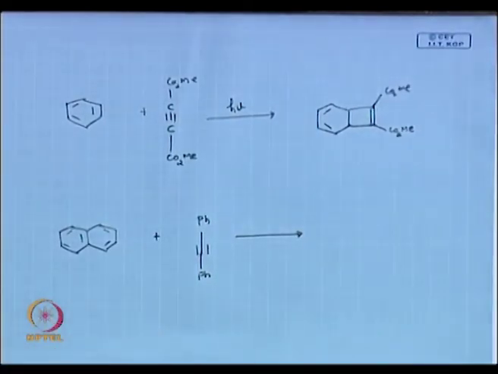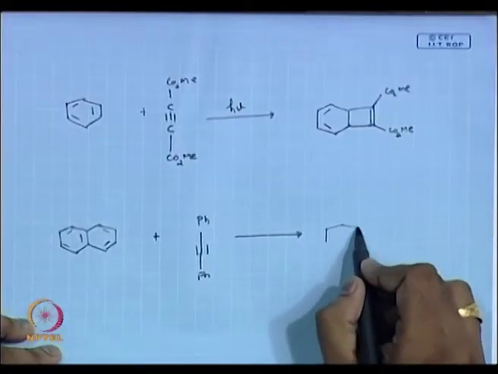So, what product can you think of writing here? Naphthalene, naphthalene with your alkene. It works 2 plus 2. Nicely, 2 plus 2 happens here as the major product.